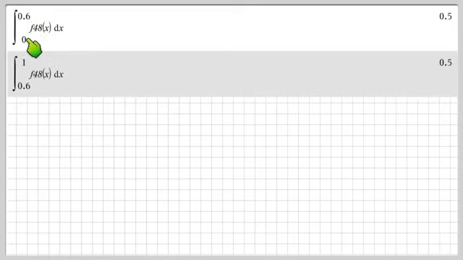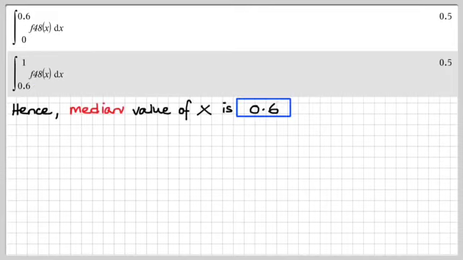Then I would solve for the integral of the second part from 0.6 to m equals 0.2, to get me a total of 0.5. But I didn't have to, because I actually found that the area under this thing from 0 to 0.6 was exactly 0.5. So that was rather neat, wasn't it? And confirmed it from the other end. So therefore the median is basically 0.6. There it is.